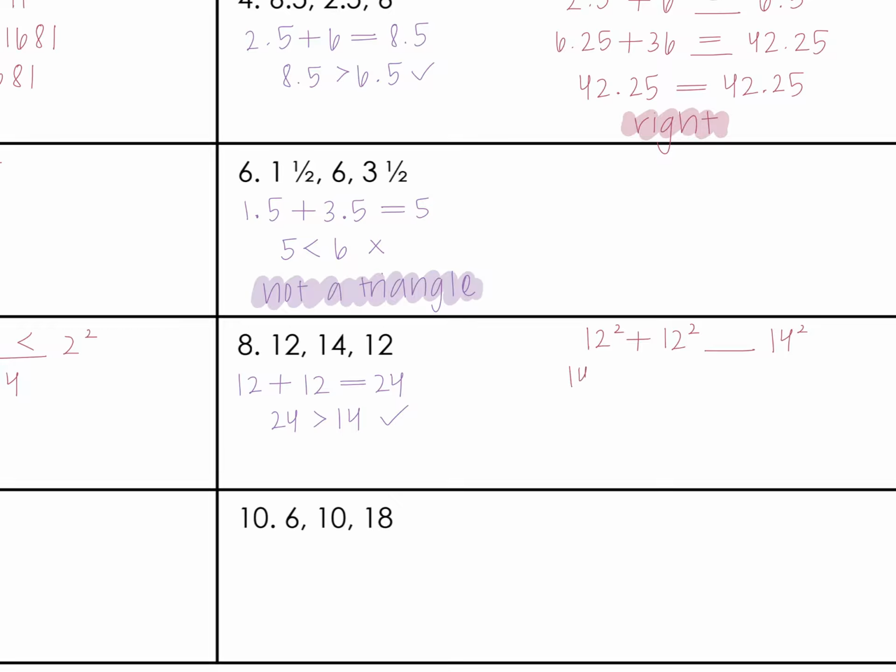So I'm going to take 144 plus 144. And then that 14 squared is going to give you 196. All right, so when we add these together, we're going to get 288, which is going to be greater than that 196. And so that's going to make this an acute triangle.